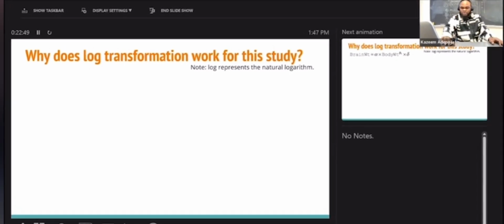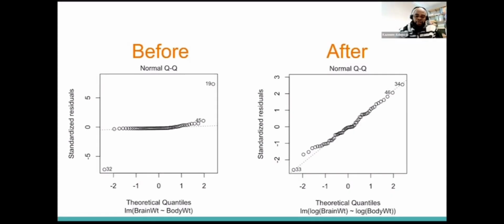So we're going to continue from where we need to generate a QQ plot to investigate the normality assumption. Of course, if you take a look at this one, this is when I did not transform the two variables, and I basically used a linear model.